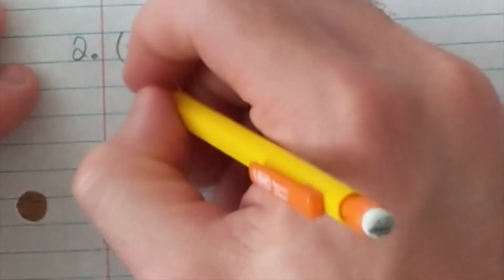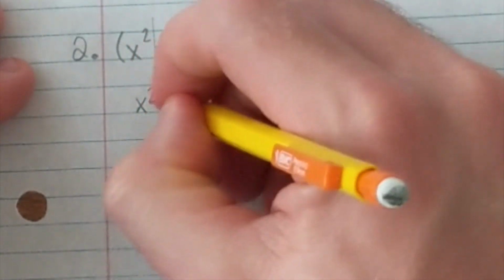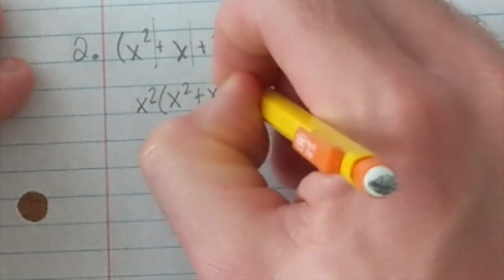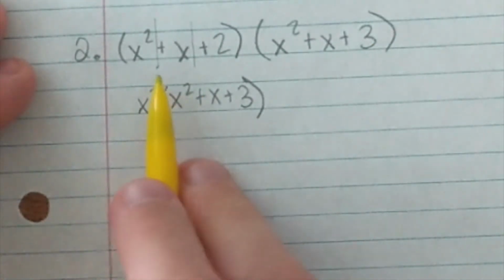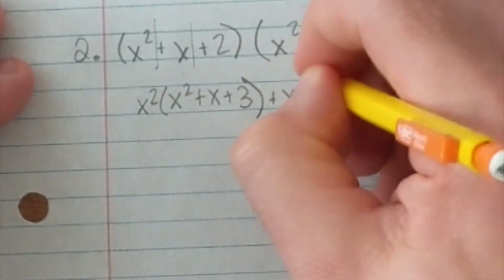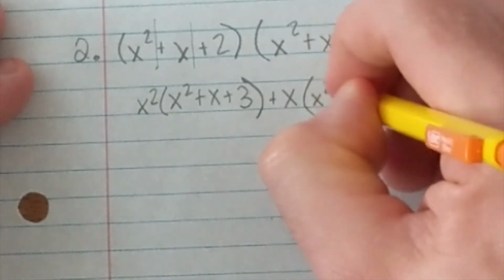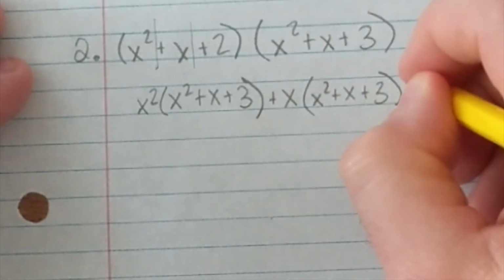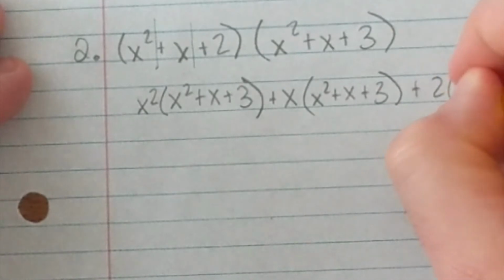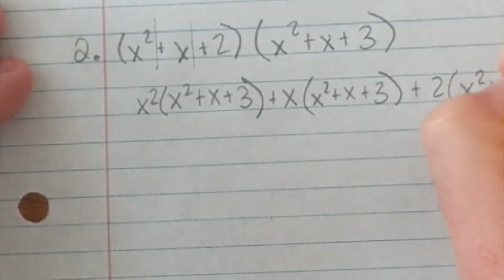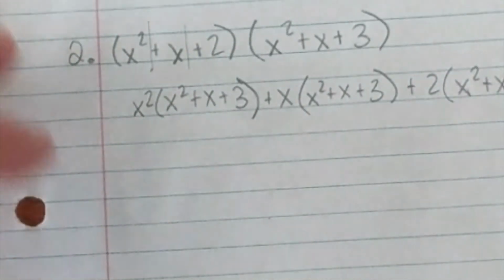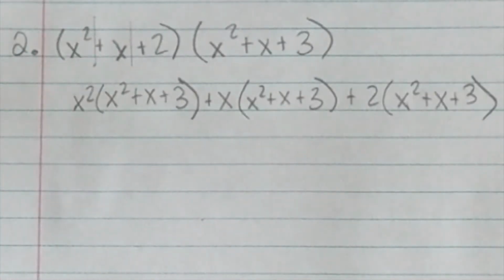First, we'll have x squared going into the second trinomial, plus x into the trinomial, plus 2 into the trinomial. Let's make sure that's all in the screen.